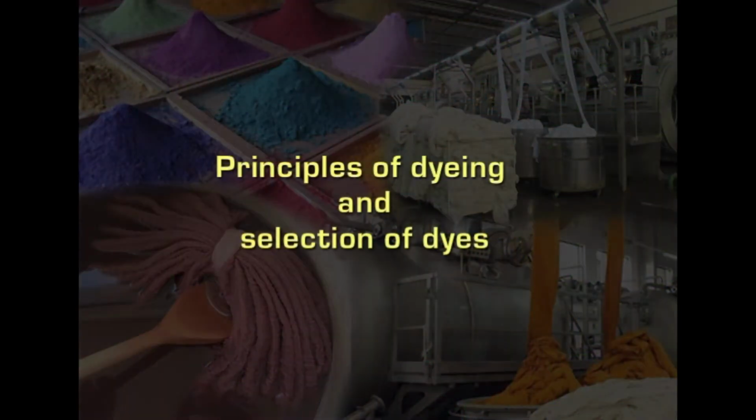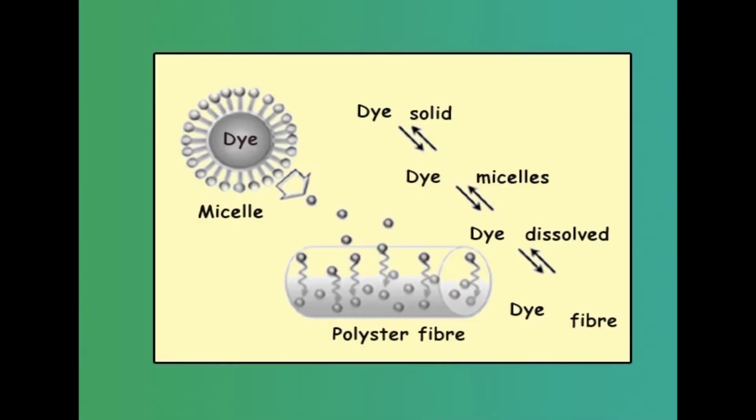Principles of dyeing and selection of dyes. Dyes are natural or synthetic substances that add color to the fibers, yarns or fabrics. Dyes may combine with fibers or fiber molecules, attach themselves to the fiber surface, or be absorbed into the fiber without chemical action.